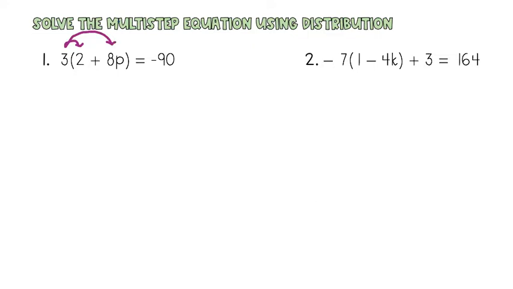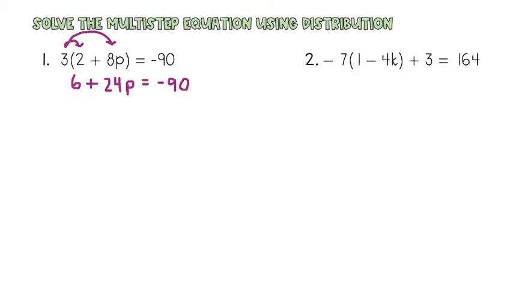So 3 times 2 equals 6. And then 3 times a positive 8p, my answer is a positive 24p. I'm going to bring down the rest of my equation, so it's going to be equal to a negative 90.